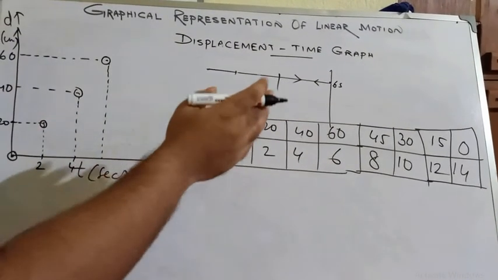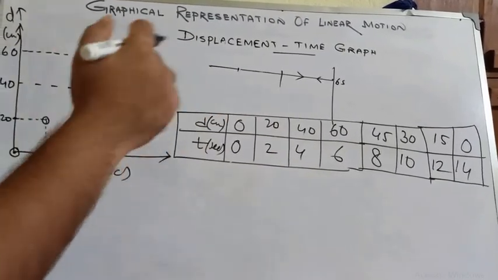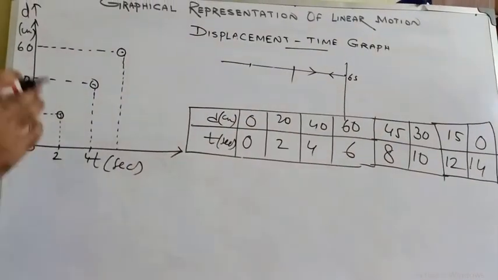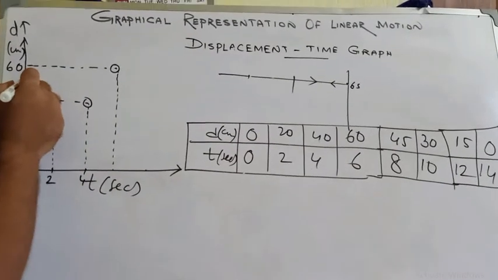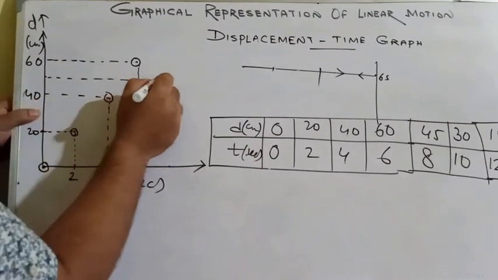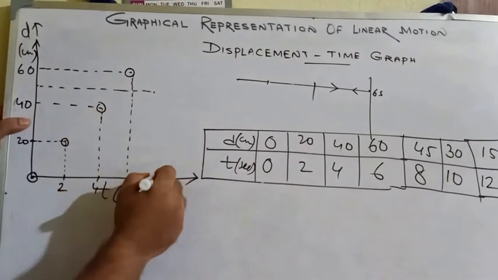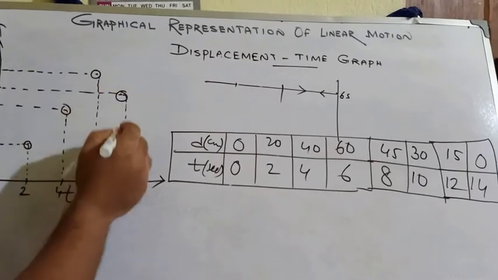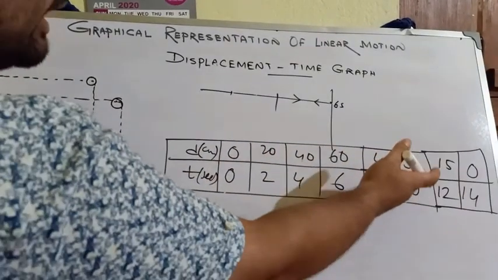Okay. And then it starts coming back to its initial position. See, at 8 second it is 45. Okay. So how will be the graph? At 8 second it is 45. 45 means here. So at 8 second it will come back here. Then, I told you, at 10 second it is 30.